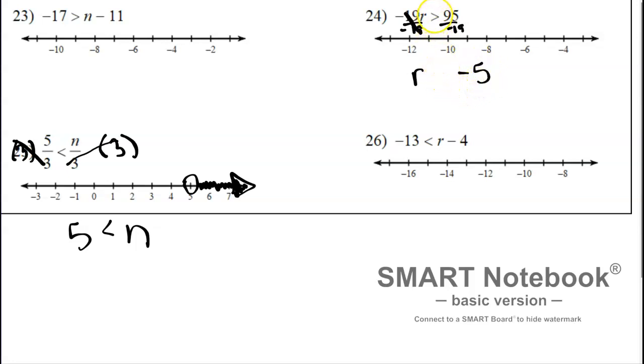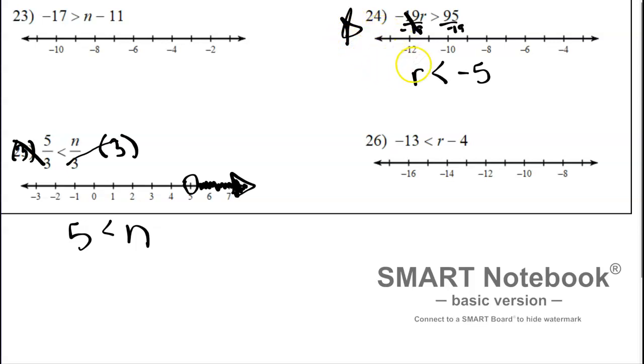Now, the sign is saying r is greater, but here's something important. I'm going to put a star in this problem. When you multiply or divide by a negative, the sign switches. So if this is too much to handle, just write it down, copy it, put a star, and deal with it later.